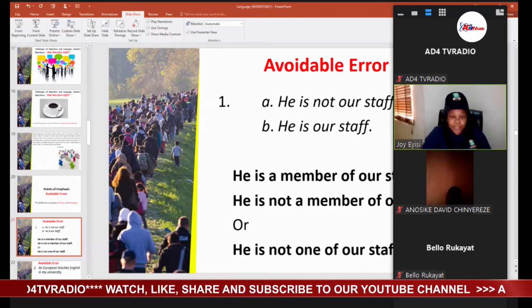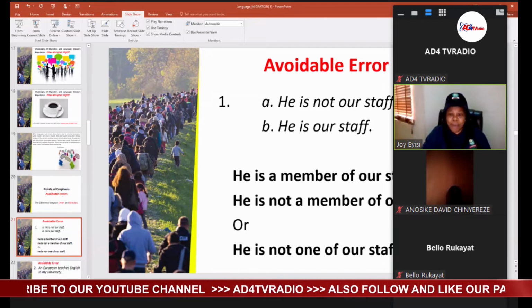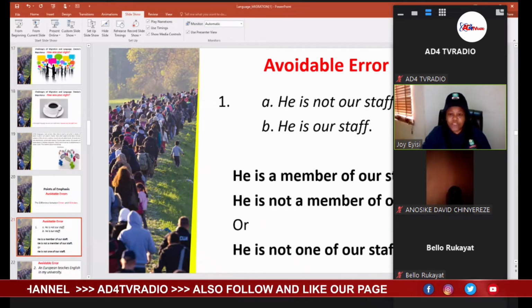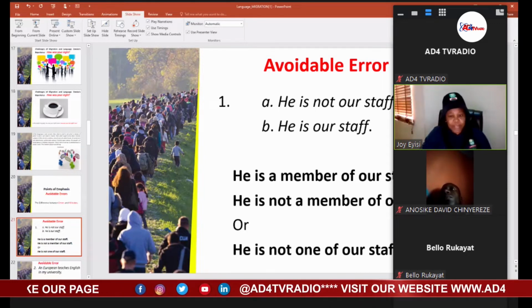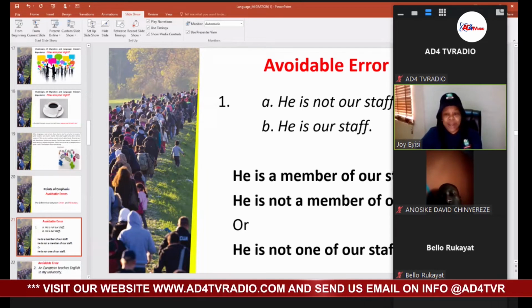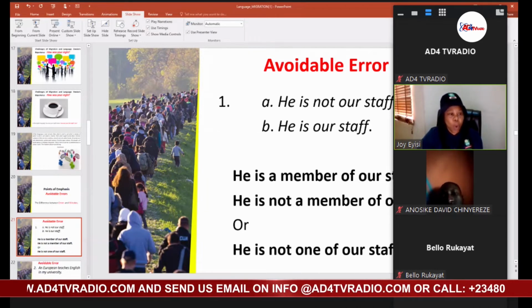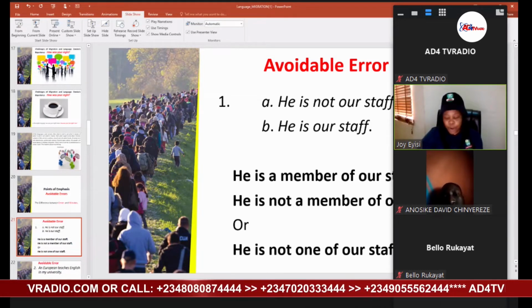They are all grammatical blunders. The right thing to say is, he is a member of our staff. He is not a member of our staff, or he is not one of our staff. The reason is that staff is a collective noun, meaning the totality of people working in an organization. That means that one person cannot be staff.